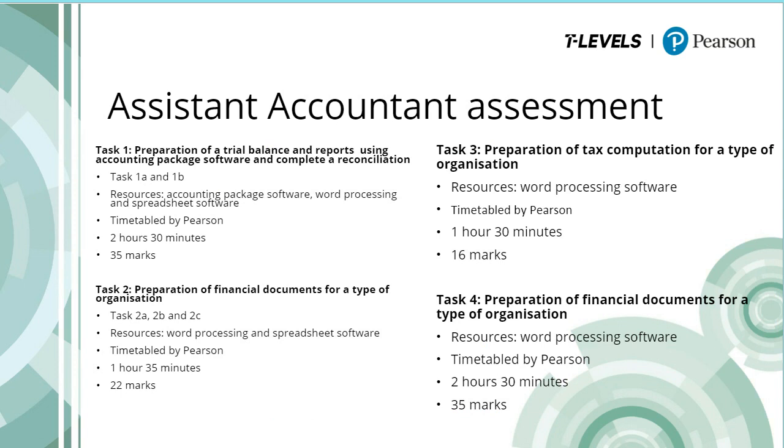Now task 1 is split into 2 tasks, task 1A and task 1B. Task 1A is the preparation of a trial balance and other reports. A resource document will be provided giving the necessary information to the students and everything that they'll require, and their work should be completed using accounting package software.